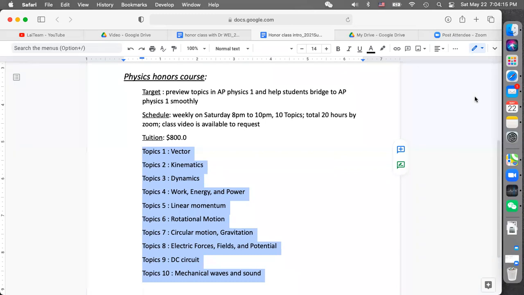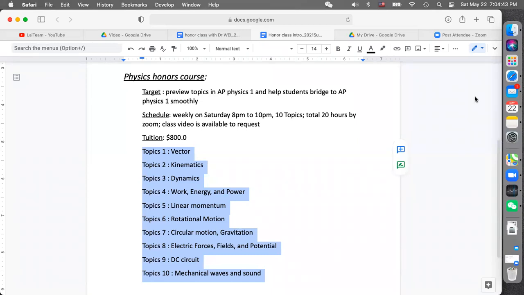So one of the drivers behind this program is to help students transition smoothly to AP Physics 1, so that you can follow your school program, or at best be solid at a certain level of AP Physics 1 topics.